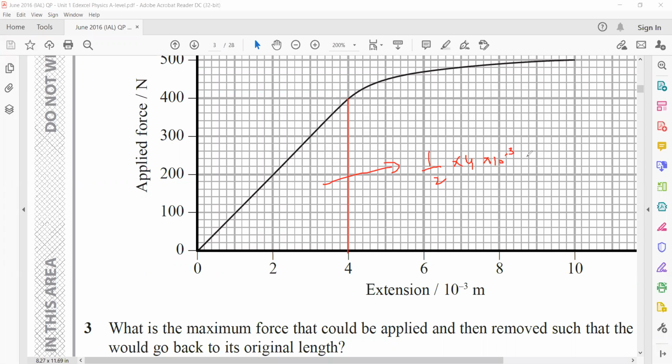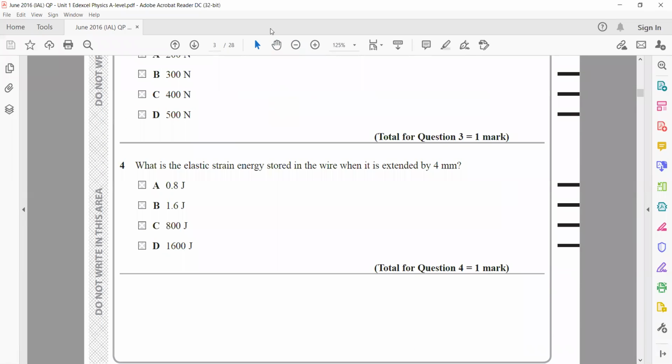So 4 into 10 to the power minus 3 multiplied by height, that's equal to 400. So 400 times 4 divided by 1000, and that divided by 2, which equals 0.8 joules, which is A. So A is the right answer for question 4.